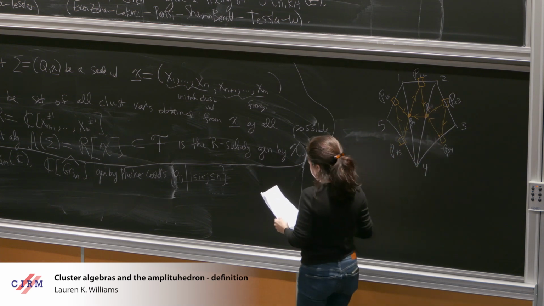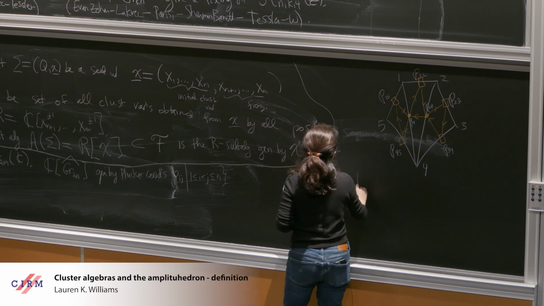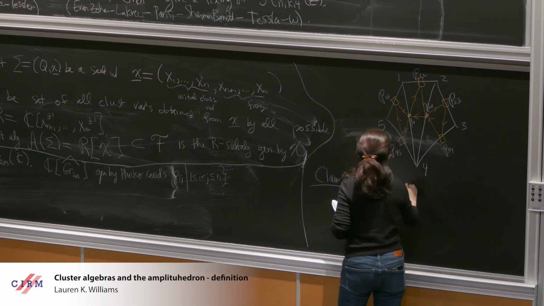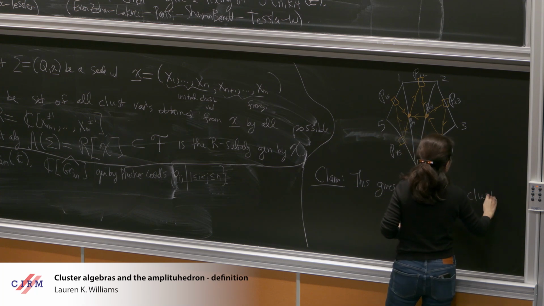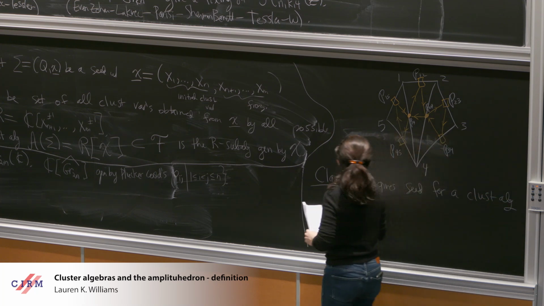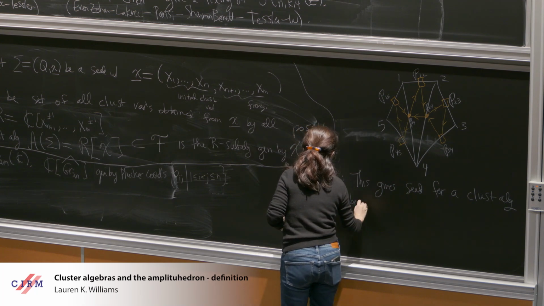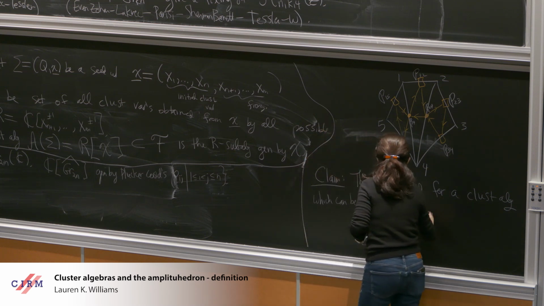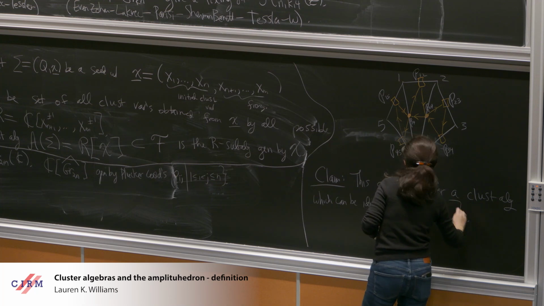And then the claim is that this gives a seed for a cluster algebra, which can be identified with the homogeneous coordinate ring of the Grassmannian.